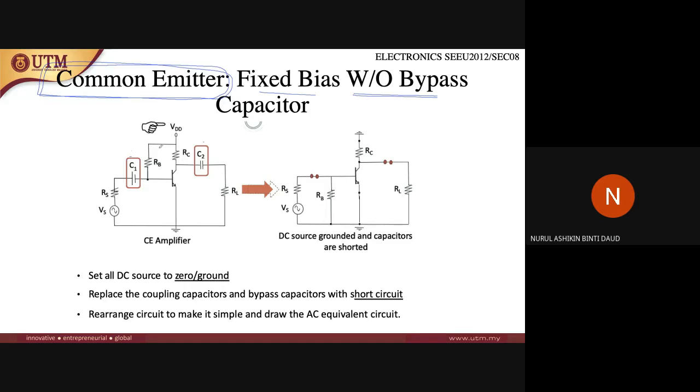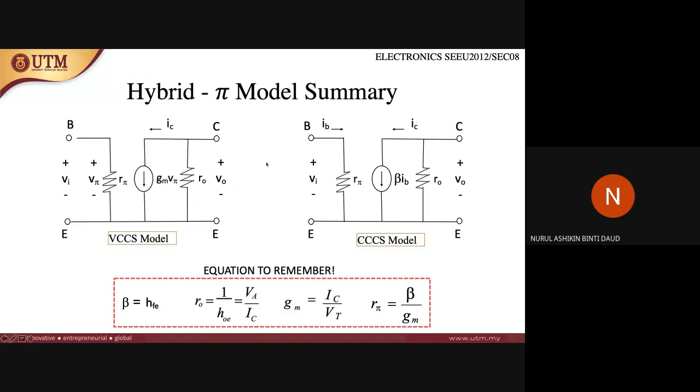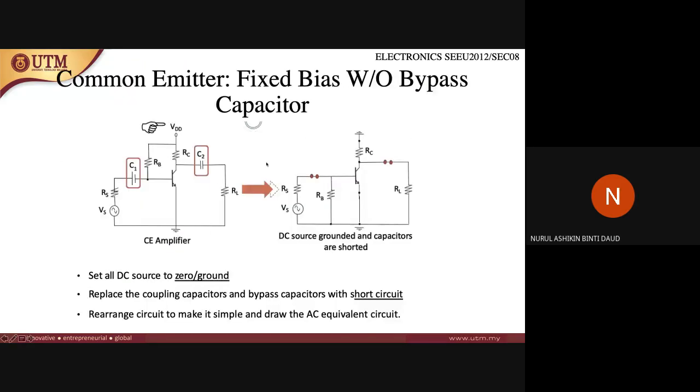All right, so let's look. These are the real circuit. To solve this circuit, you need to simplify it as an AC equivalent circuit. Assume that you already know all the information of IB and IC.